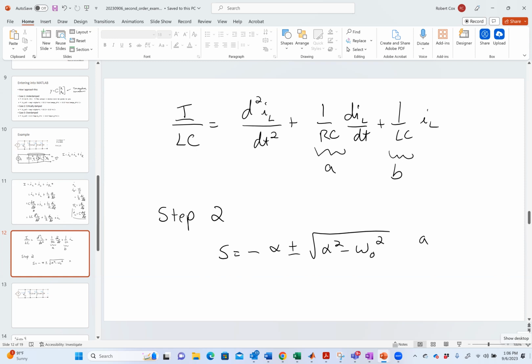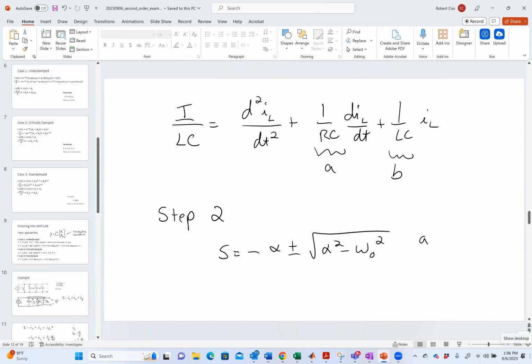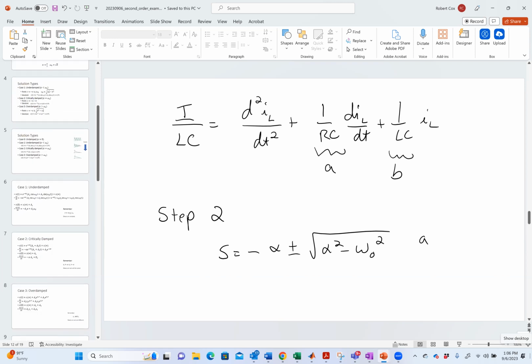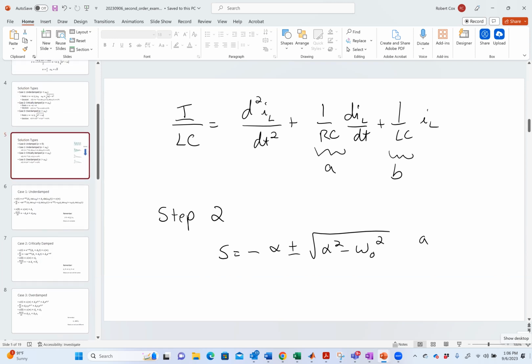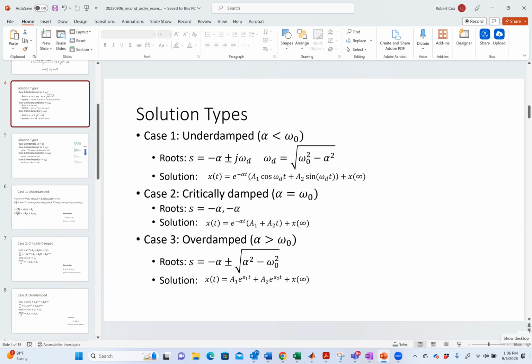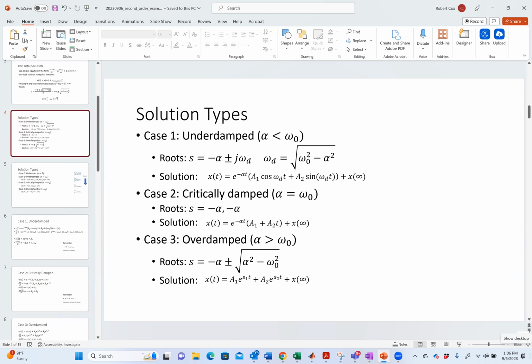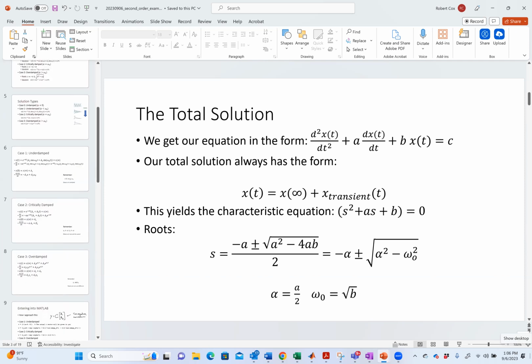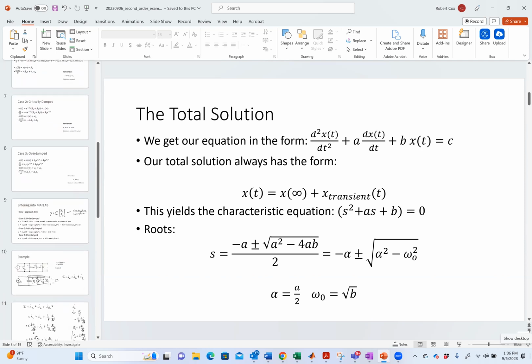If I look up the values here, alpha is A over 2 and omega naught is the square root of B.